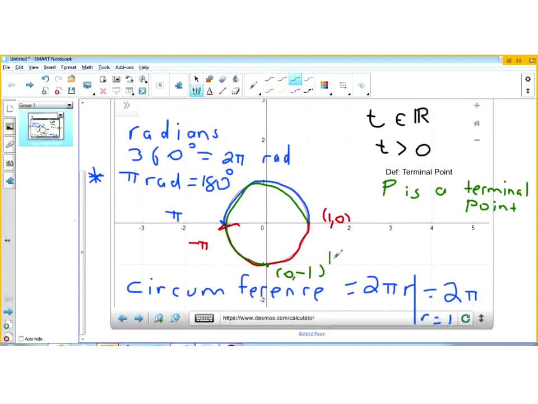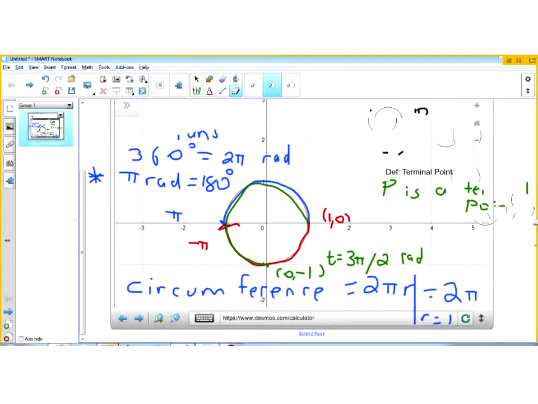So in this case, t is equal to 3 pi over 2 radians. Three pi over 2 rads. All right, so take this down, and I'll do another example.